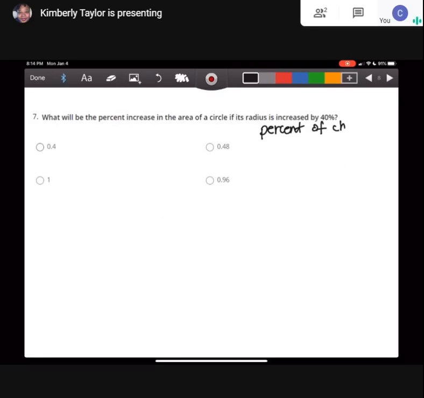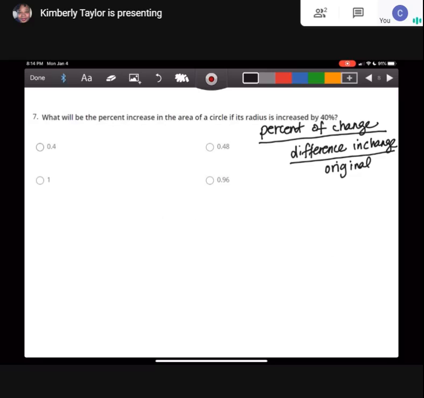Percent of change, the formula is the difference in change over the original. Okay, keep that in mind. This is a fraction that you have to keep in mind.